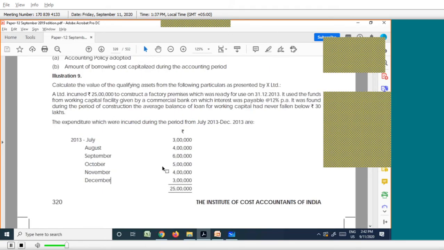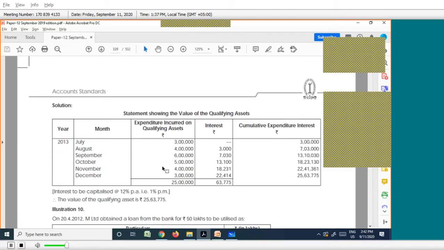Illustration 9 is the first problem that we'll work out later. First we will work out other basic problems. Illustration 10.